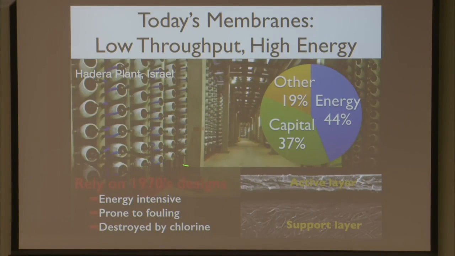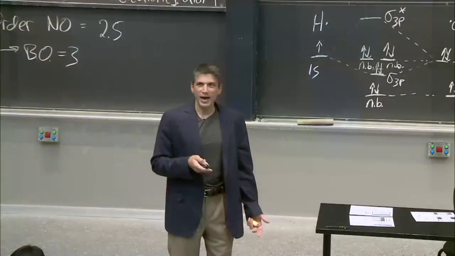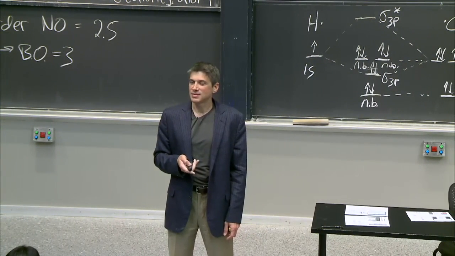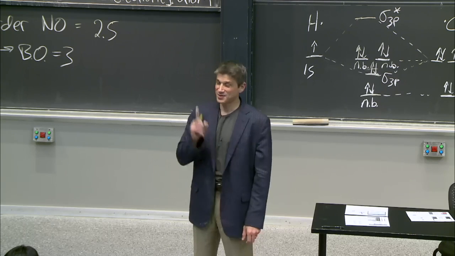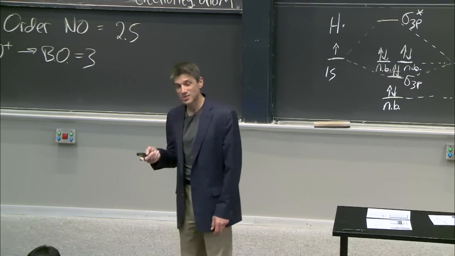And if you look at the membrane itself, this is a picture of it. It's actually a very small layer on top of this active layer that does all the work. It's not a very good design. In fact, membranes for desalination are pretty bad. They do everything worse than they should, except that they work, which is good, and they're cheap, $1 a square foot.